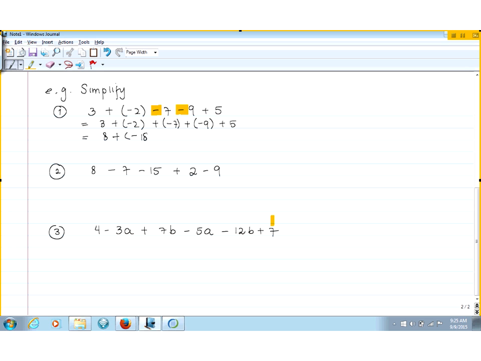What is 2 plus 7 plus 9? Yes, 18. Good. So now at the end, we just have 8 plus negative 18, which is, yeah, negative 10. So we subtract the absolute value. 18 minus 8 is 10, and it's negative.